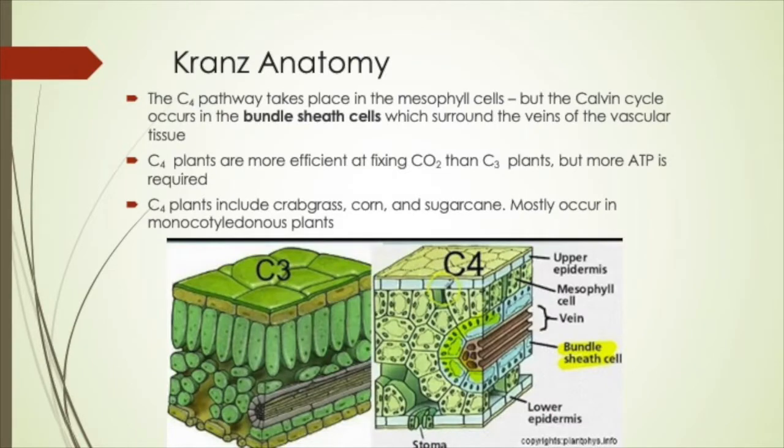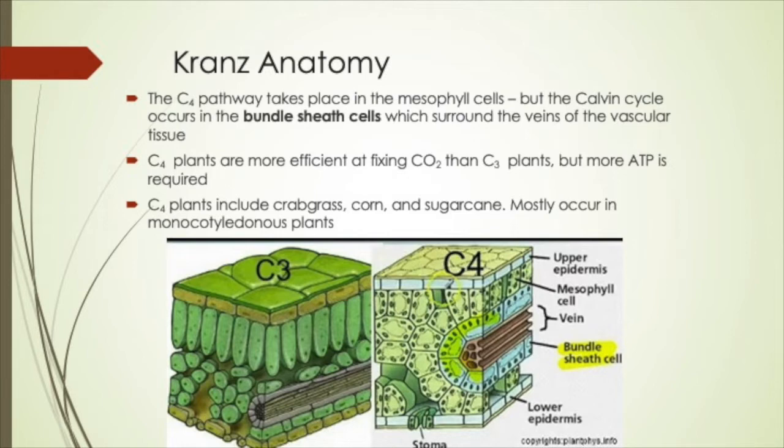Okay, so whenever they need that type of carbon, they'll just pull it out of malate, convert that back into CO2, and then it can go into the Calvin cycle whenever it needs it. So it doesn't have to open up its stomata in order to get CO2, it can just pull it out of malate. These types of C4 plants have what's called a Kranz anatomy.